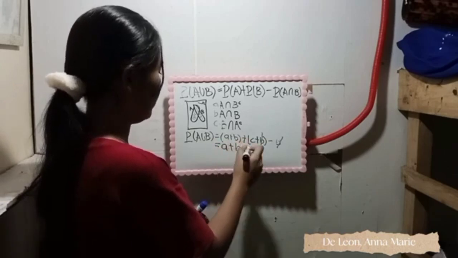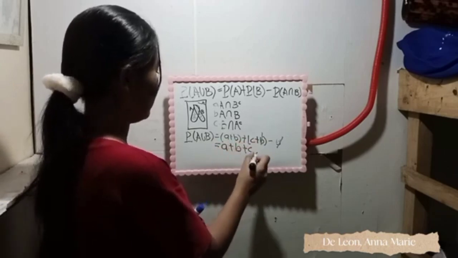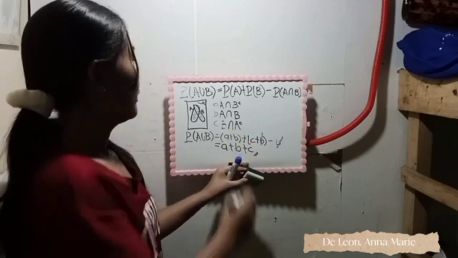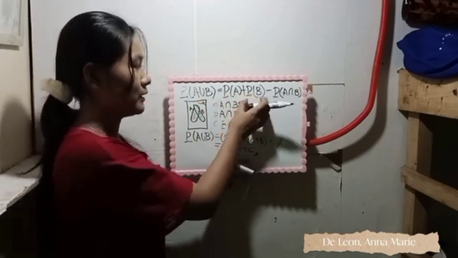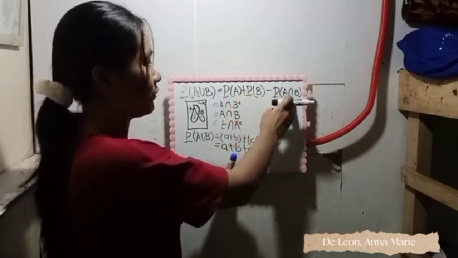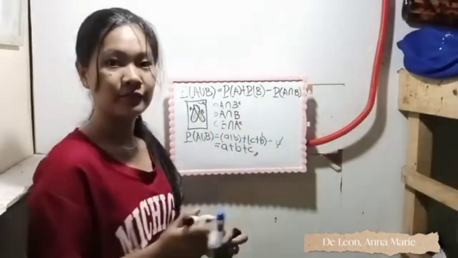So we prove that probability of A union B is equal to the probability of A plus the probability of B minus the probability of the intersection of A and B.